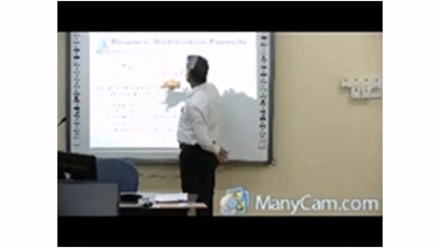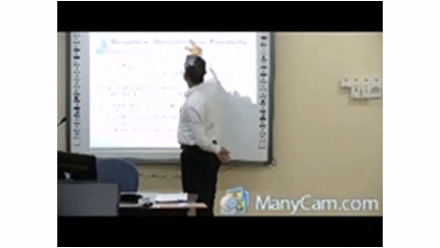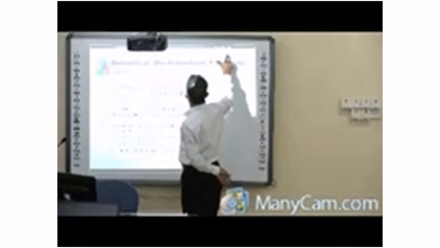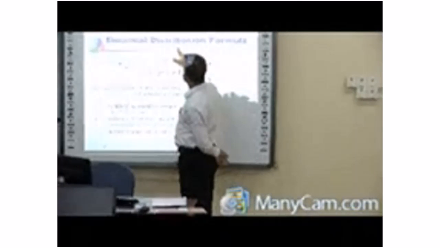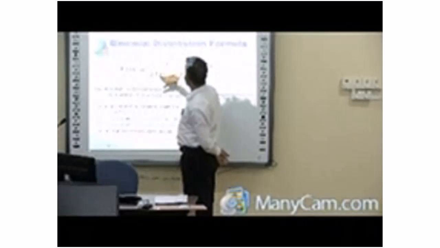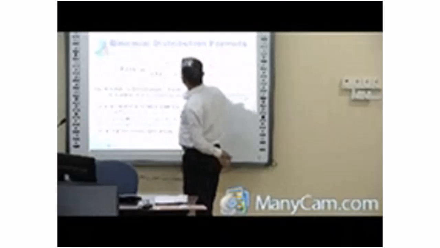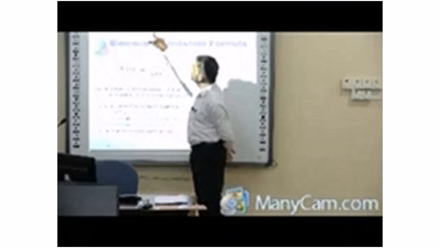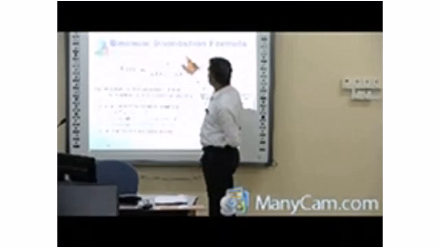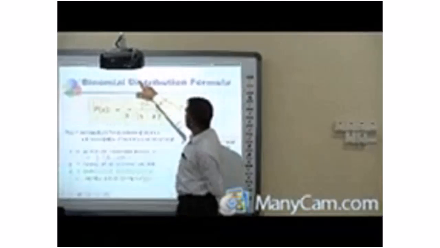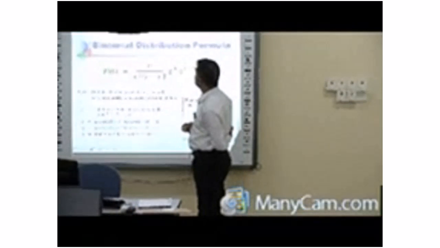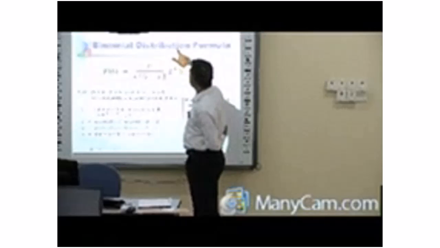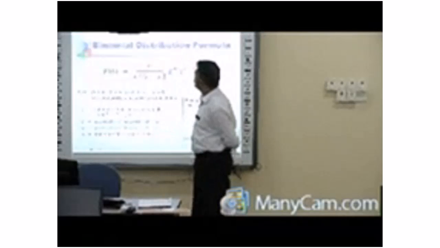Here n is 5, so 5 factorial, sometimes written with this notation too, divided by x factorial, where x is 2, so 2 factorial, times n minus x factorial, that is 5 minus 2 factorial. In this way we can compute.